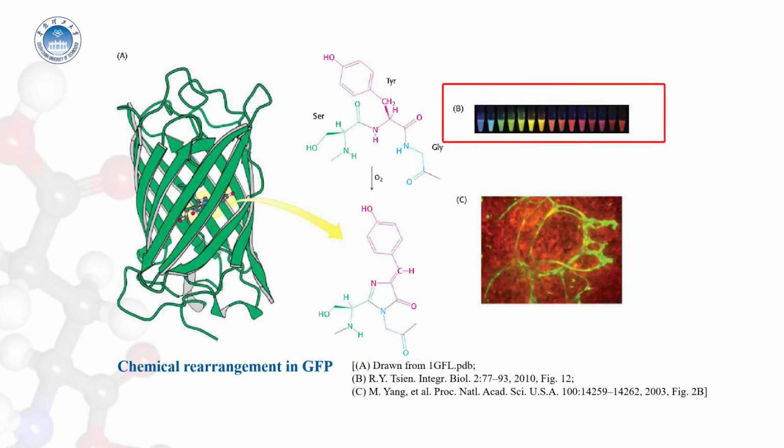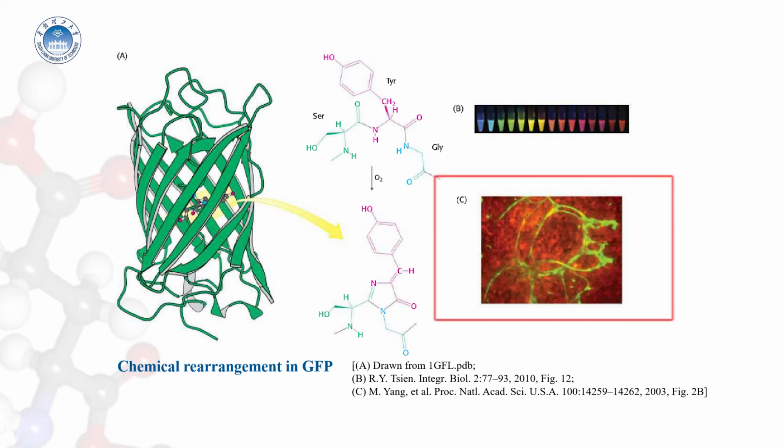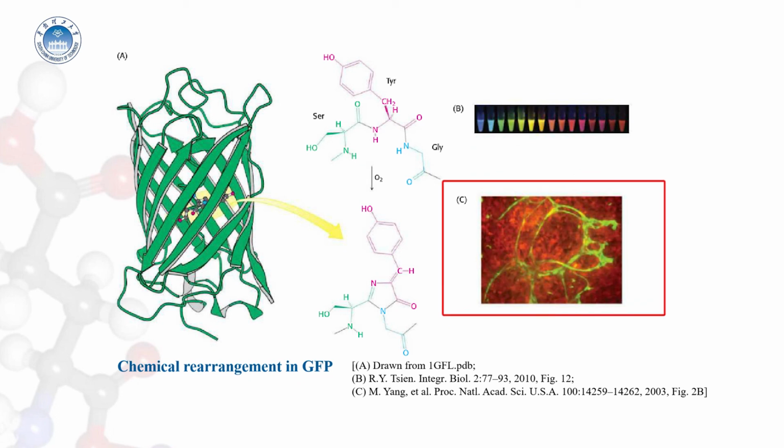Since the discovery of GFP, a number of mutants have been engineered which absorb and emit light across the entire visible spectrum. So these proteins are of great utility to researchers as markers within cells.